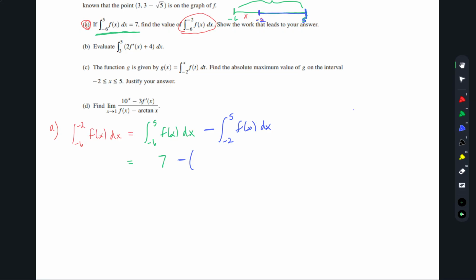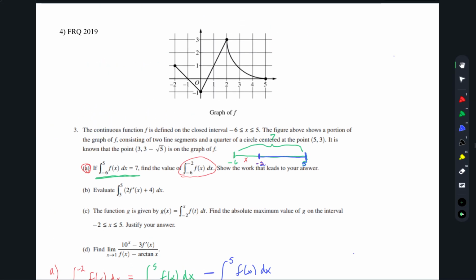For your sanity, try to do the little tricks, because obviously above the curve's positive, below the curve's negative, you guys already know that stuff. Don't do a bunch of triangle work if you don't have to. All those cancel out. You could, but it's annoying because then you have to do more work.